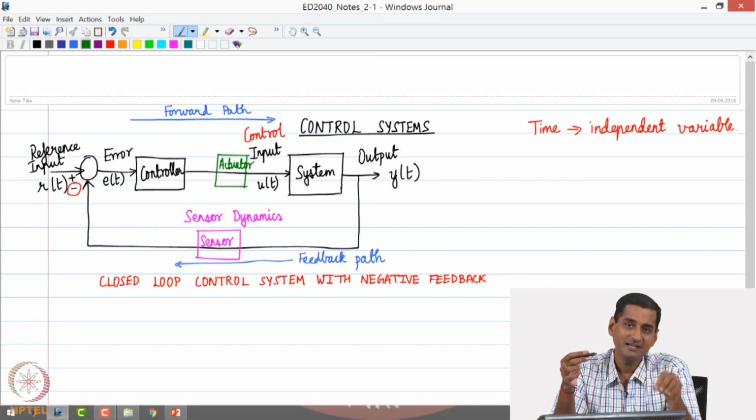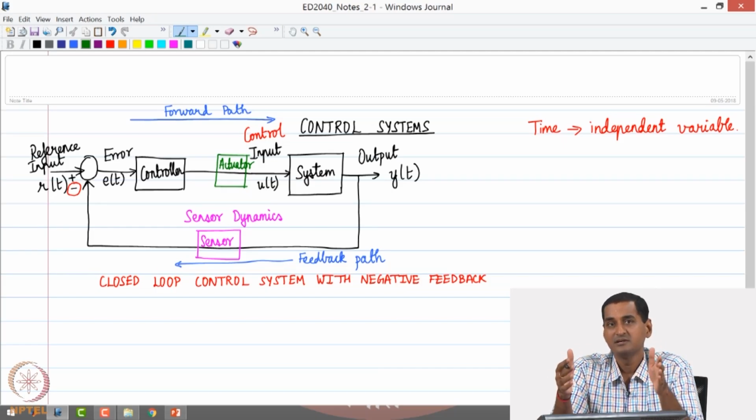Now, let us say at this instant of time, I want the steering column to be rotated by, let us say, 40 degrees. Now, the thing is whether I achieve that 40 degree steering angle instantaneously. The answer may be most probably not.